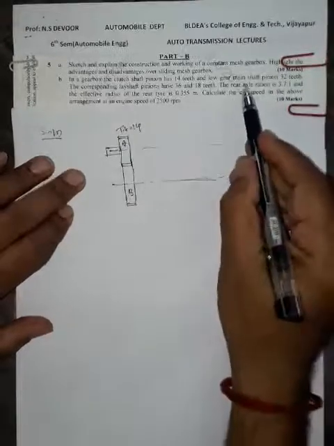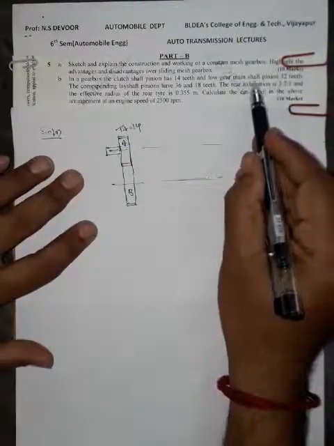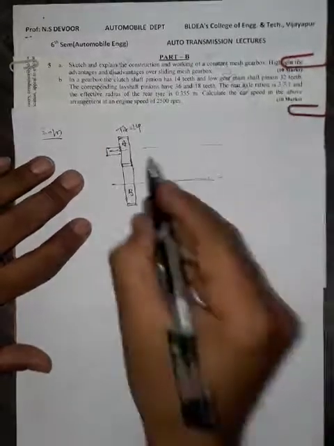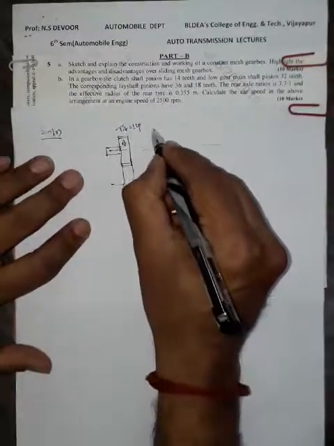And the low gear main shaft pinion, that is the first gear main shaft gear, has 32 teeth. This is in mesh with the lay shaft.